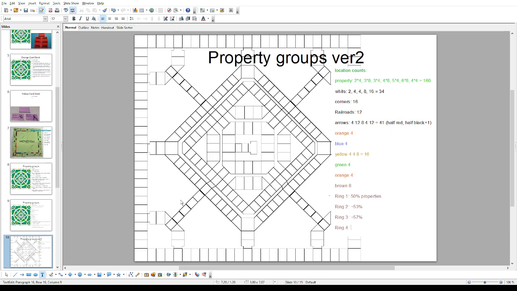Okay, so let's recrunch the math. Let's see here. 4, 5, 5. That's 14 plus 4, 18 out of 31. Okay, that's 58%. Good enough.